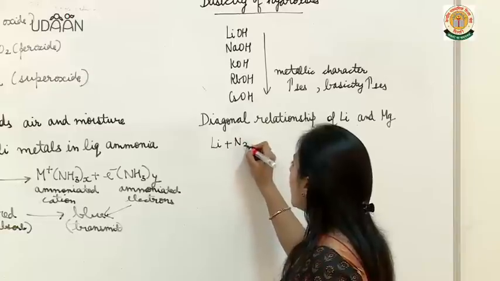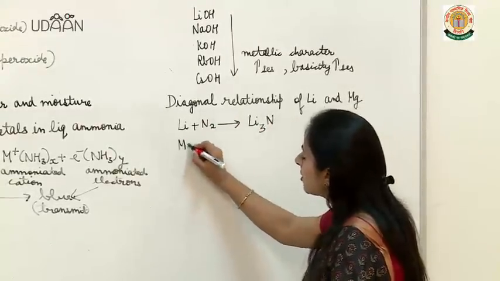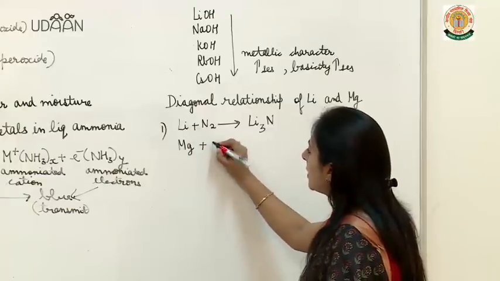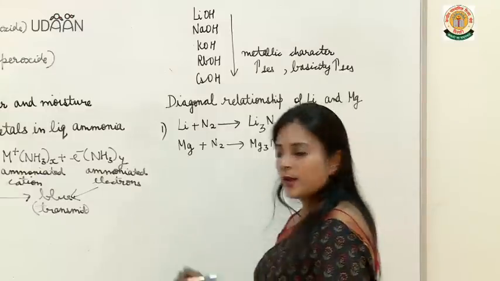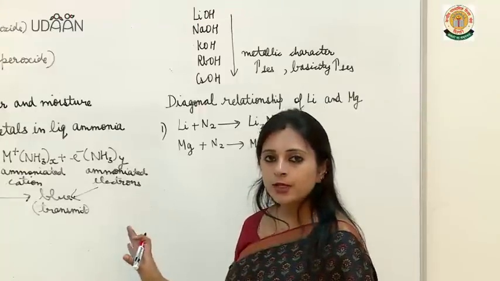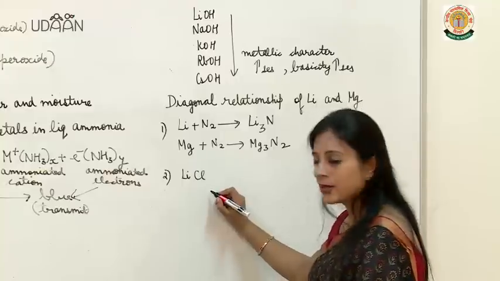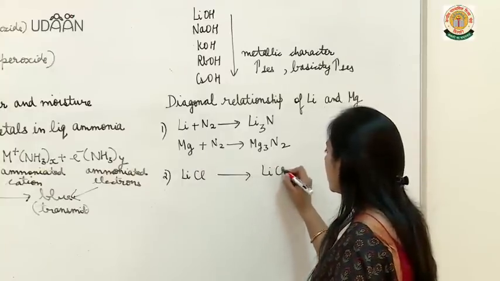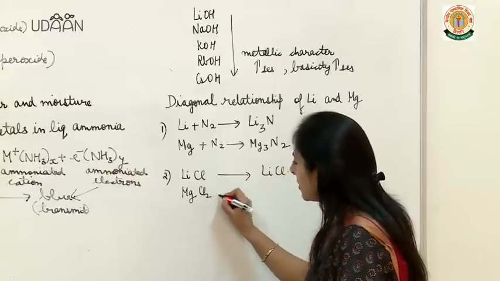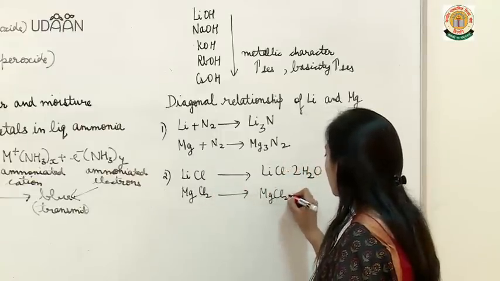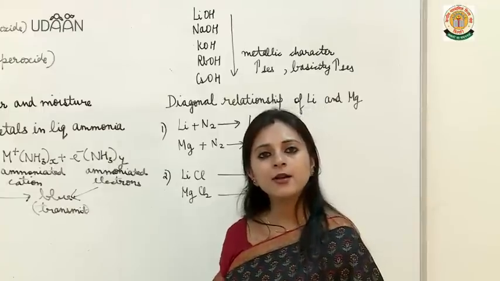Now what is lithium doing? Lithium is forming a nitride, Li3N, and magnesium is also forming a nitride, that is Mg3N2. Other alkali metals are not forming nitride. Then lithium chloride is deliquescent, that is it is hydrated. Similarly, magnesium chloride is also hydrated and it has 6 water molecules, and no other alkali metal chloride is hydrated.